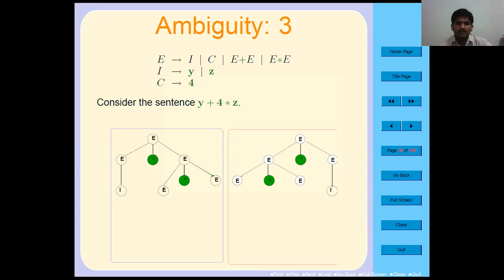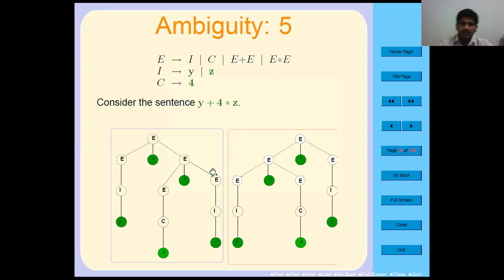So what does ambiguity mean? Once we have different ways of execution for the same sentence. For example, if we consider a plus, we take E tends to E plus E, and if we consider star, E tends to E star E. Whatever it may be, we can get the final answer either way.